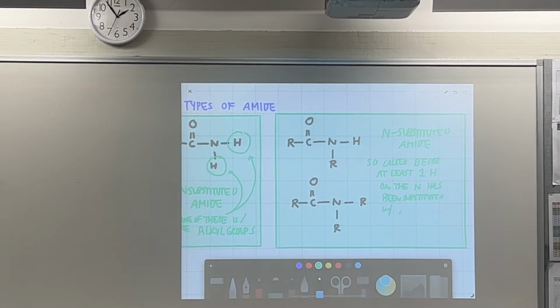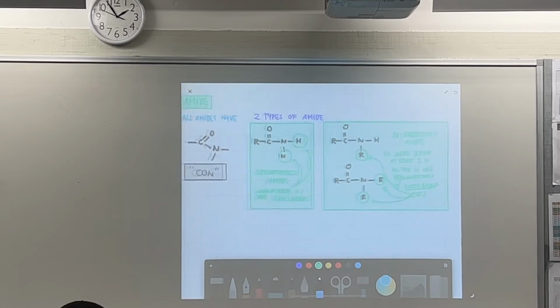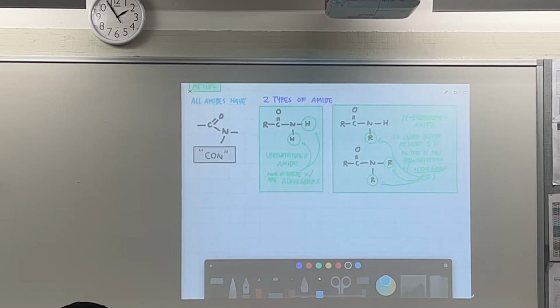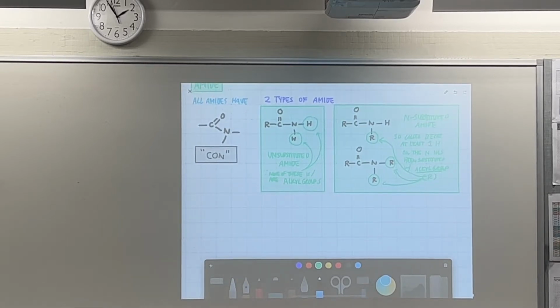Yeah, so with alkyl group. So R, okay, so we have the R here. So these are the two R's. So you have alkyl, alkyl, alkyl. So in exam, they will really just ask you to identify which type of amide it is. Okay, so to check that you understand what I'm saying, yeah, so there are two types of amide.